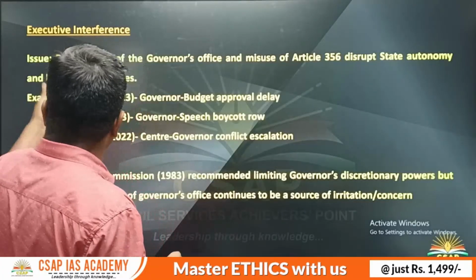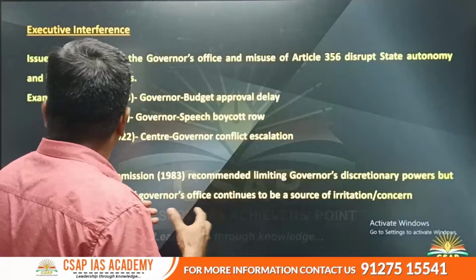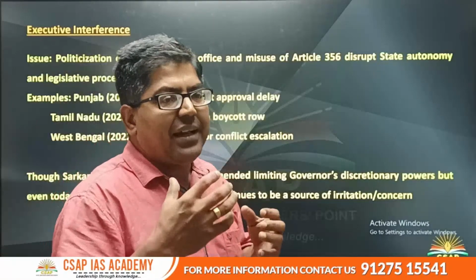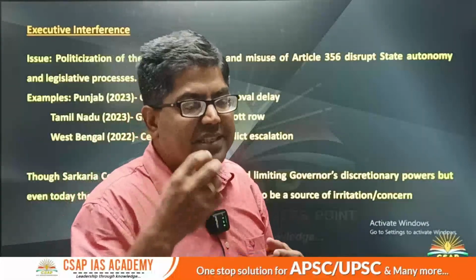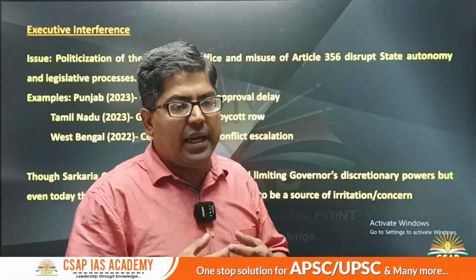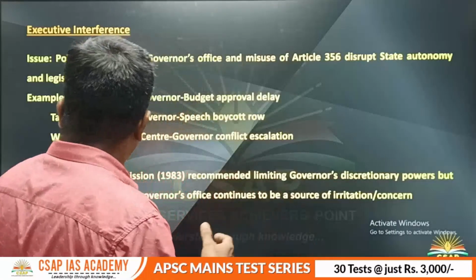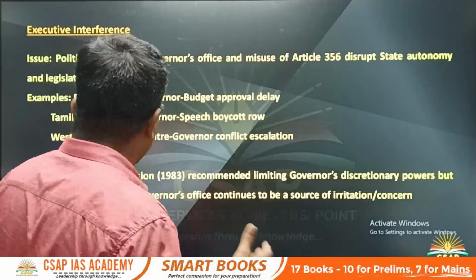We have various examples of that: Punjab, Tamil Nadu, West Bengal. The way the conflict between the state legislature and the governor is getting intensified is not in the best interest, right?